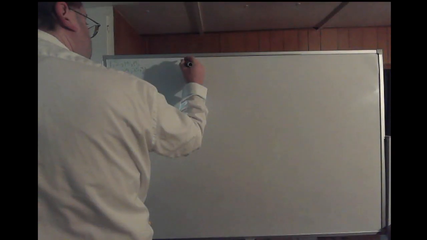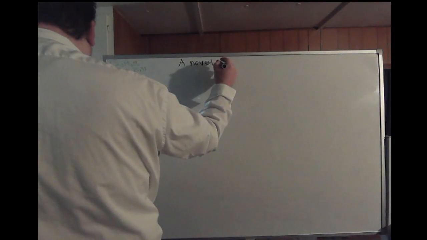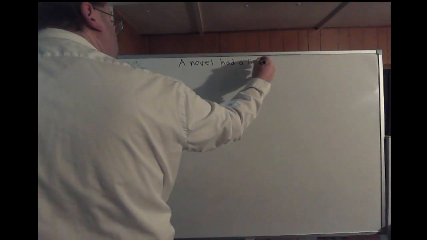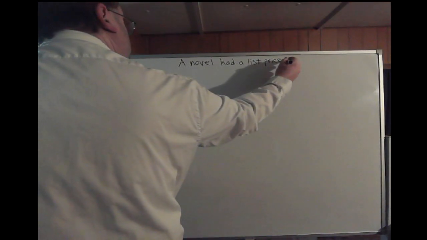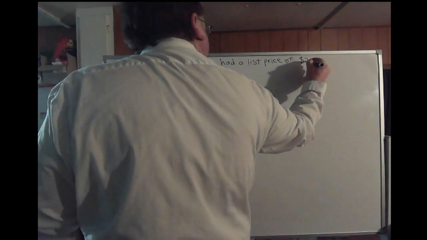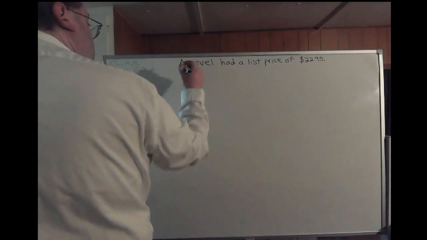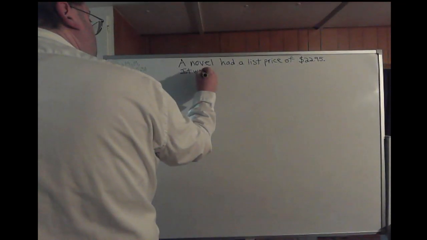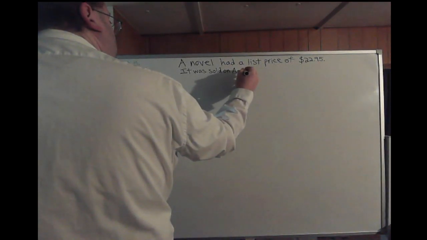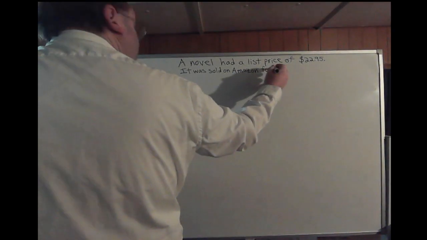A novel had a list price of $22.95. It was sold on Amazon for $13.77.